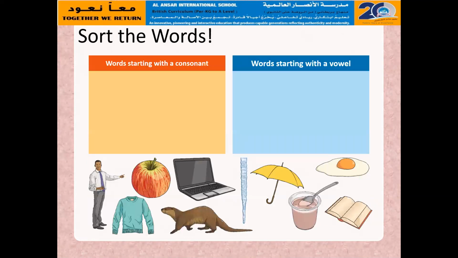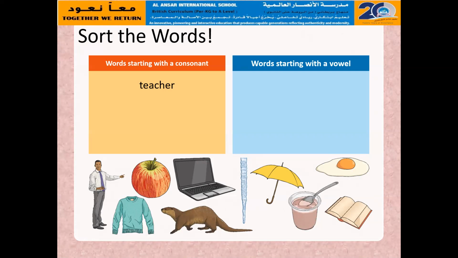Now let's move along. Can you sort these words into which ones begin with a vowel and which ones begin with a consonant? Let's look at the first one. Teacher. It will go in the orange block because it begins with a T, a consonant, not any of our vowels.